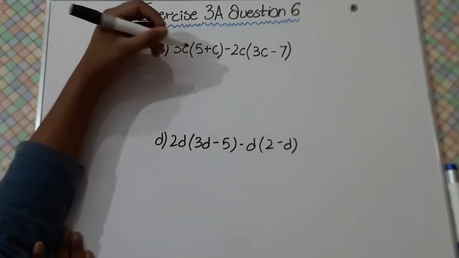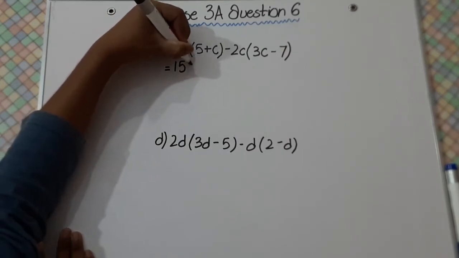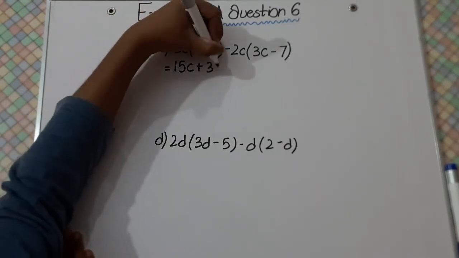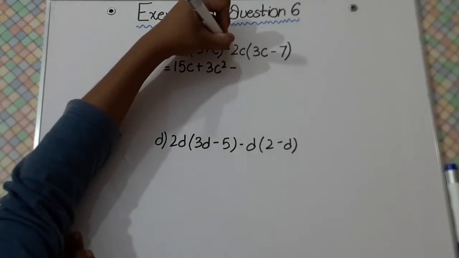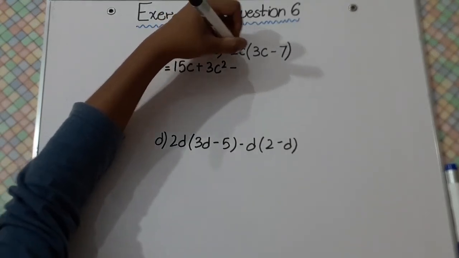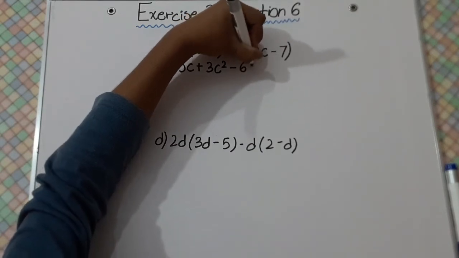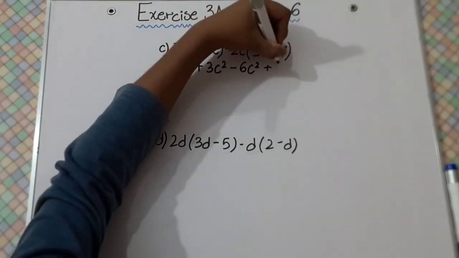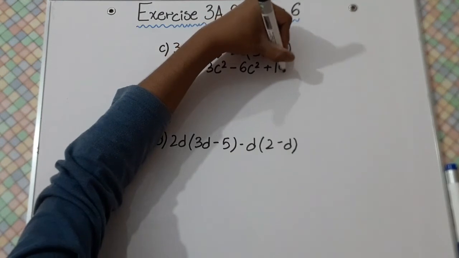So 3c multiplied by 5 is 15c, sign would be plus, and 3c multiplied by c would be 3c square, minus would be the new sign, and then 2c multiplied by 3c would be 6c square, minus minus plus, 2c multiplied by 7 would be 14c.